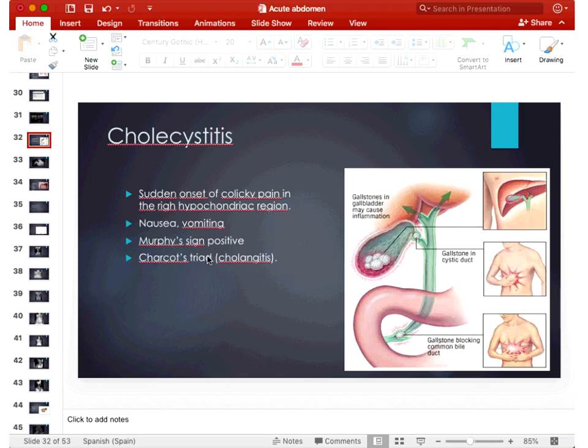If you find out the patient has Charcot's triad, which is jaundice, pain, and fever, watch out, because he has cholangitis.